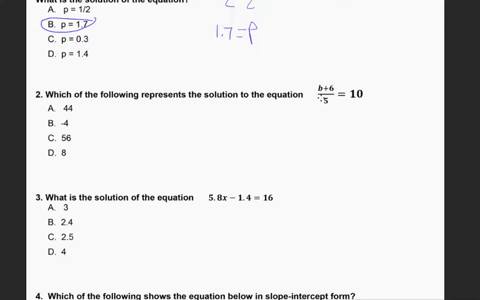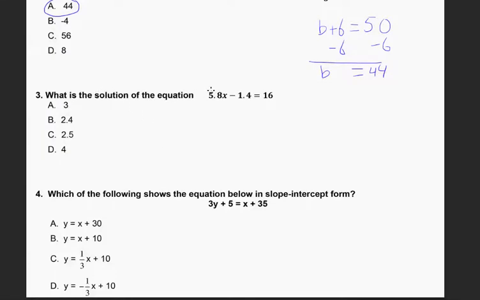So I'm going to do the inverse operations and multiply by 5 on both sides of my equation, which gives me b plus 6 on the left side and 50 on the right side. If b plus 6 is equal to 50, I can subtract 6 from both sides and find that b is equal to 44. So the answer is A.